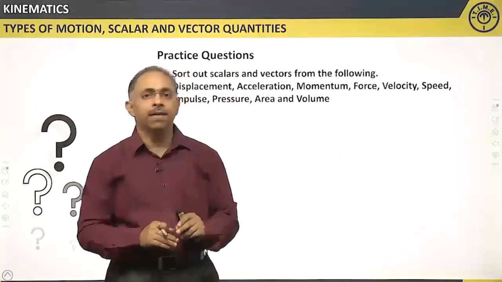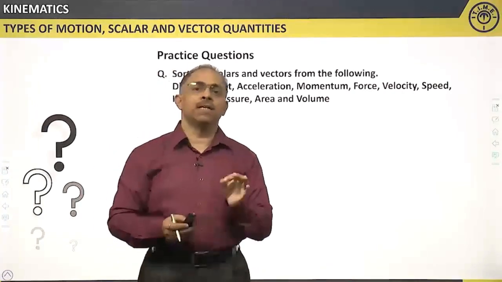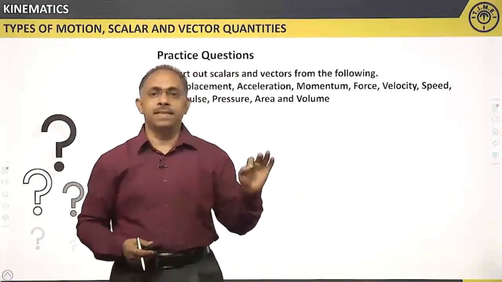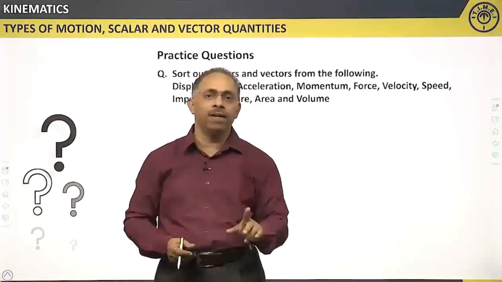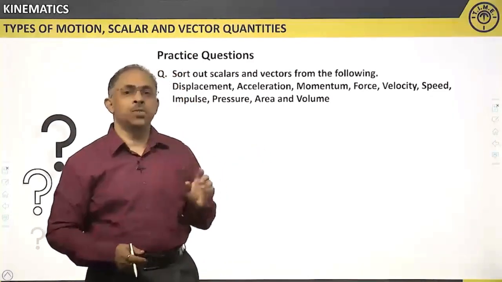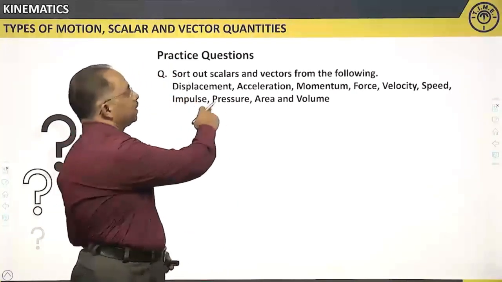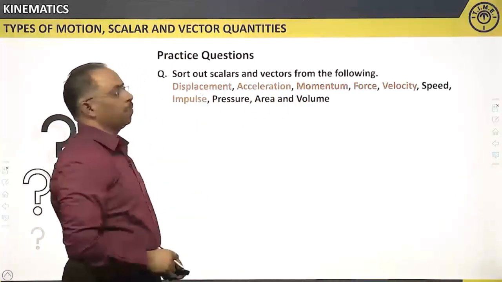We have to identify a vector or a scalar only by the property of whether that particular physical quantity requires both magnitude and direction for its complete description or not. If it is required, yes, it is a vector. If it is not required, then it is a scalar. Clear? Based on this rule, we have displacement, acceleration, momentum, force, velocity and impulse.